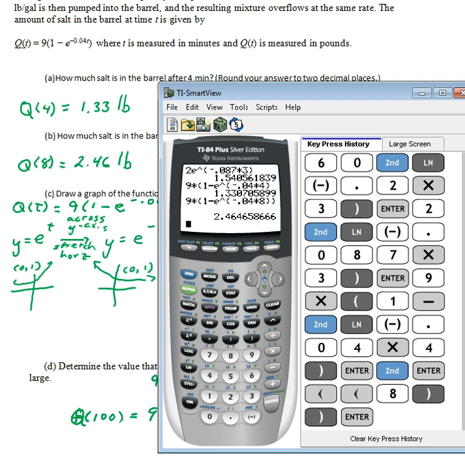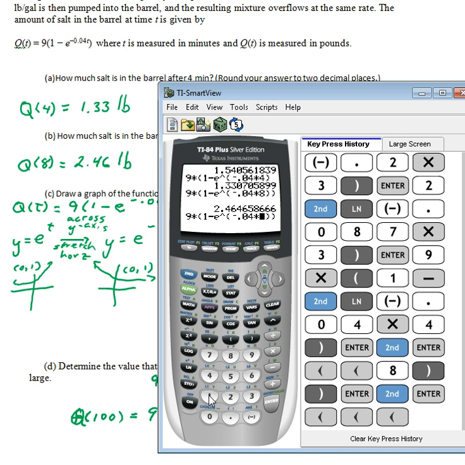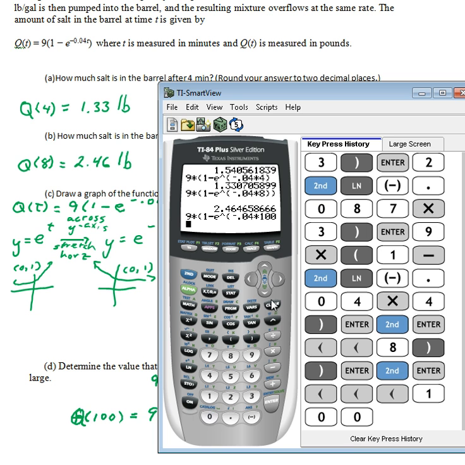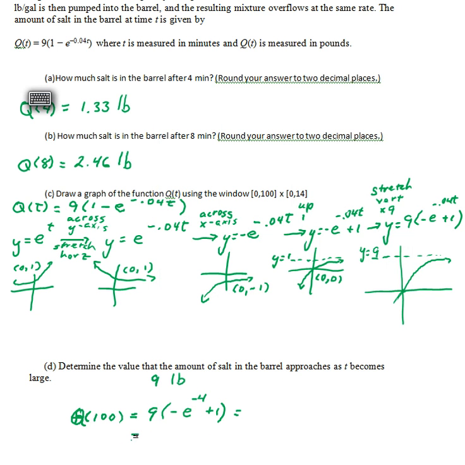And if we compute that, I'll use second enter, back up and enter 100, 2 right parentheses, enter. We get 8.8 pounds. And so saying that it is approaching 9 pounds does seem legitimate, because after 100 minutes there would already be 8.8 pounds.